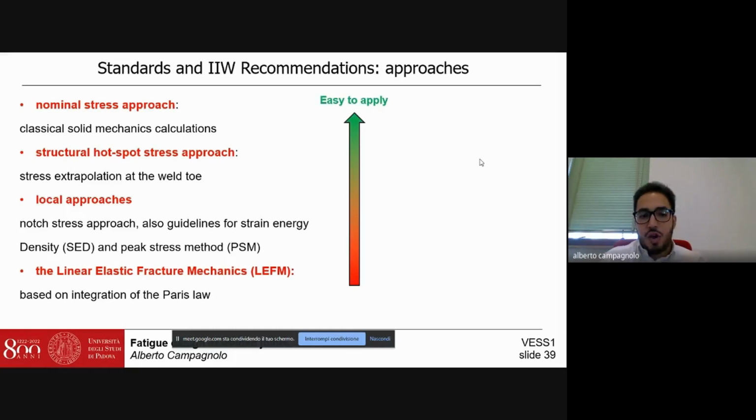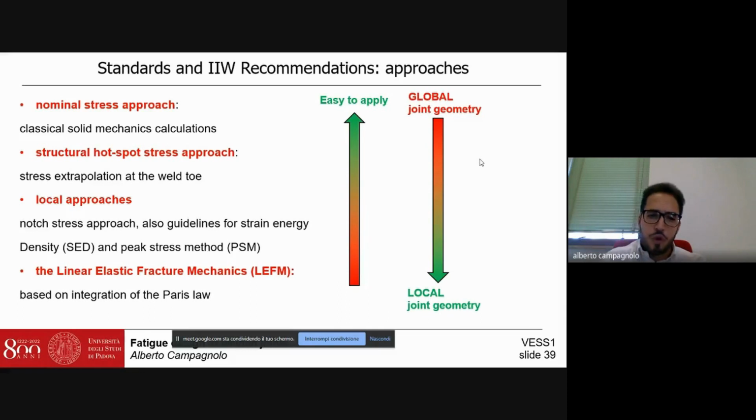We have seen that the nominal stress approach is the easiest to apply, since we can calculate it by hand using a simple solid mechanics formula. However, the nominal stress approach accounts only for the global joint geometry, so it requires a large number of fatigue strength curves, while going down towards local approaches, we can take into account the local joint geometry, and therefore we can use a reduced number of fatigue strength curves.